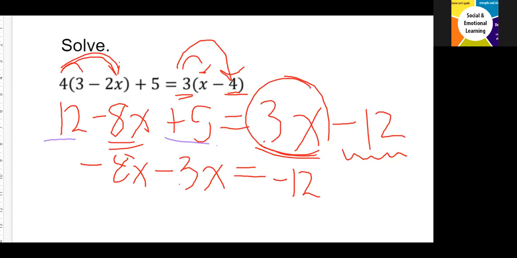Let's move the 17 to the right side. What does the 17 become when it goes to the right side? Positive 17. When we move the positive 17 onto the other side, it becomes a negative. Yeah, negative 17.